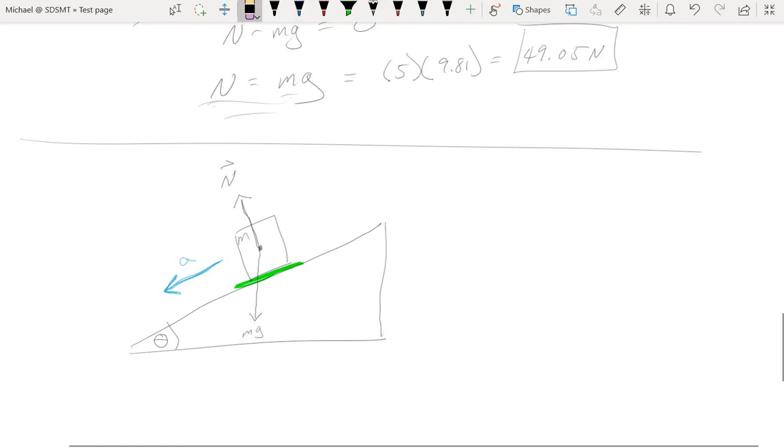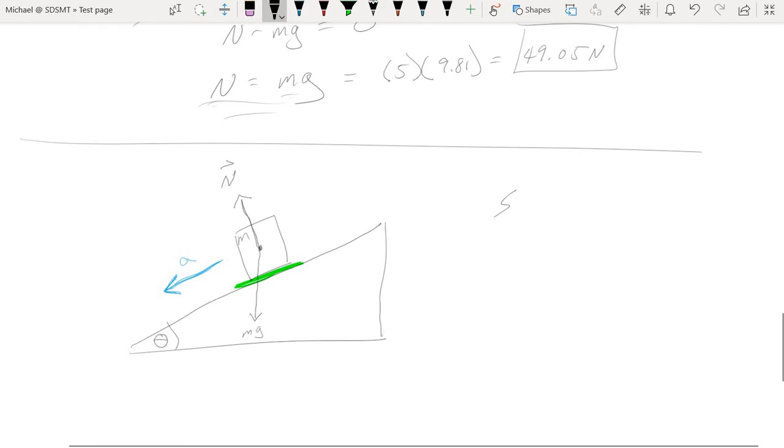So, can you set up a reference frame using X and Y axes in such a way that at least one of those, either the X or the Y axes, is in the direction of the acceleration?